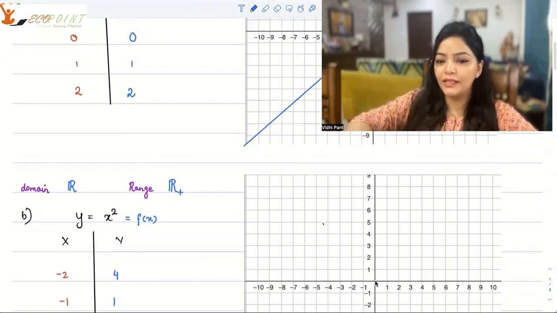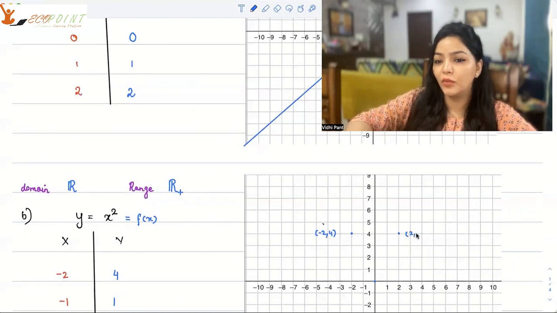So when x is 0, y is 0 comes in here. When x is -2, y is 4. That means this is the point we're talking about, (-2, 4). When x is 2, again, the value of the function is 4.